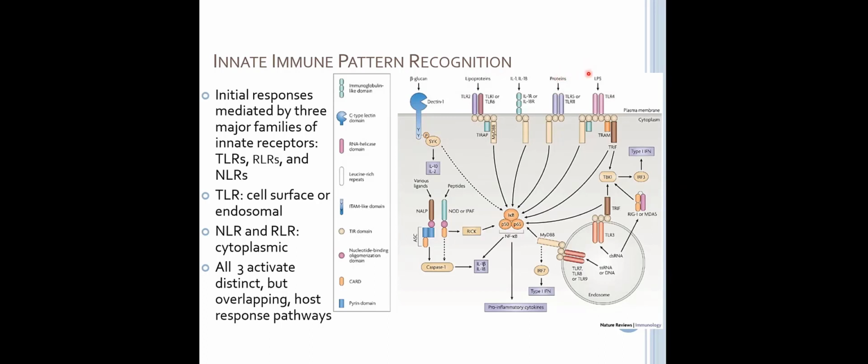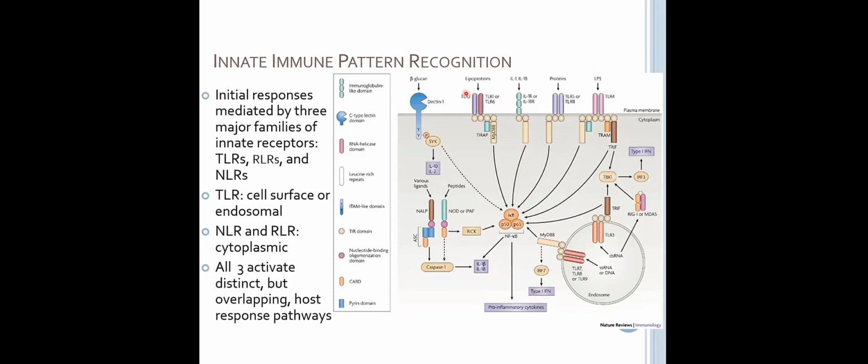And so you've evolved these recognition molecules that recognize broad classes of pathogens, bacteria, viruses, parasites, and initiate, in non-professional immune cells and in professional immune cells, an inflammatory response mediated by signaling pathways like NF-kappa B, if you're familiar with that from cell biology, and the type 1 interferon response pathway.